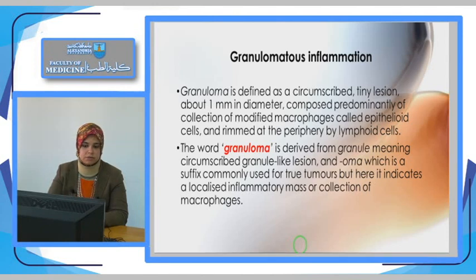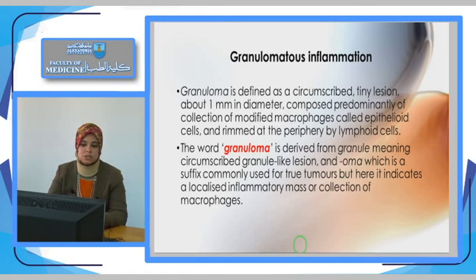Let's see the definition. It is defined as a circumscribed tiny lesion about 1 millimeter in diameter composed predominantly of a collection of modified macrophages called epithelioid cells and rimmed at the periphery by lymphoid cells. This is no different from what we just said, that the chronic inflammatory cells are mainly lymphocytes and macrophages, and these granulomas are composed of again macrophages and lymphocytes.